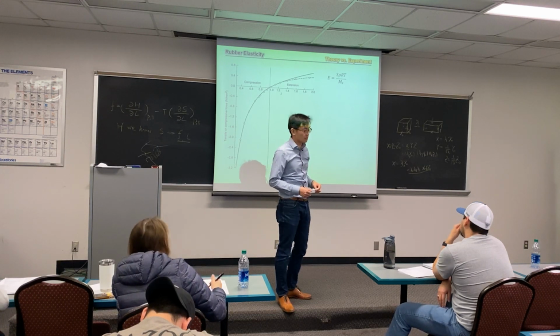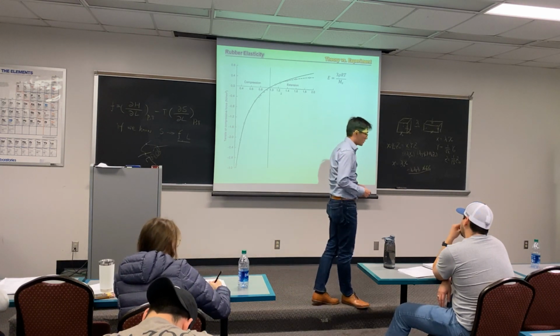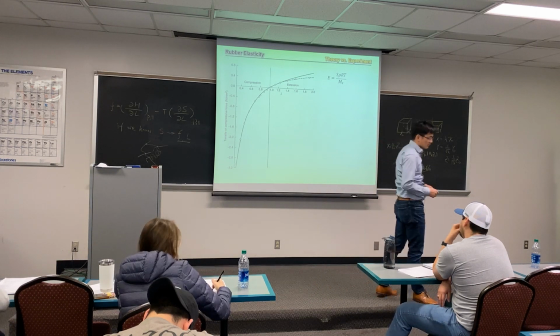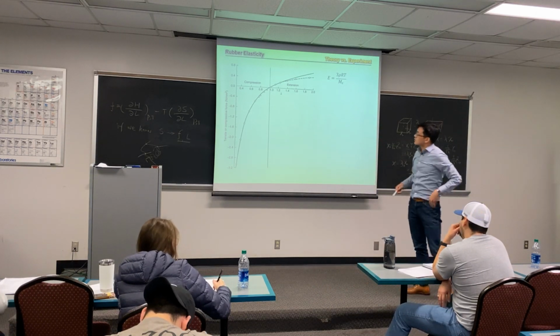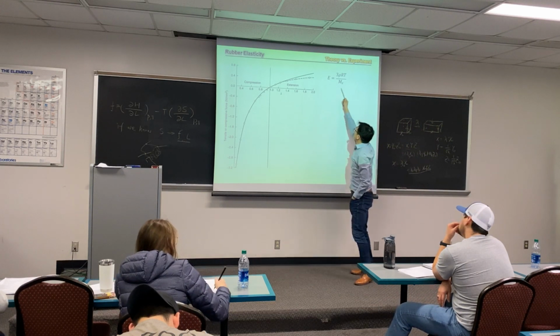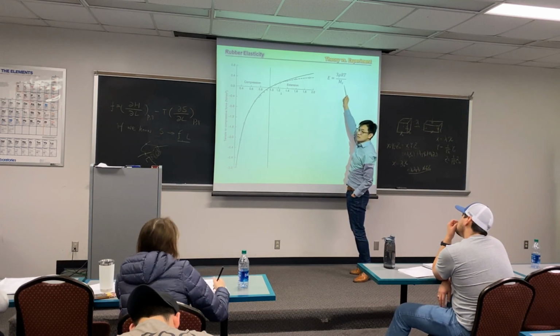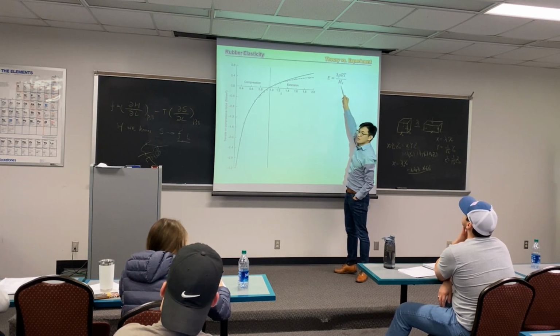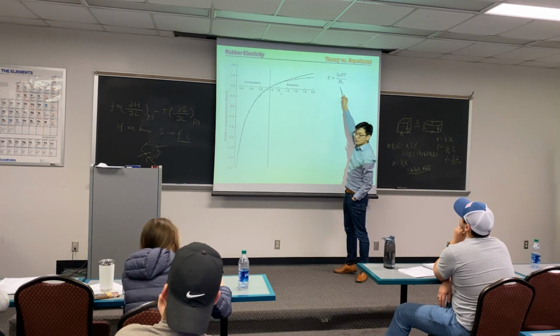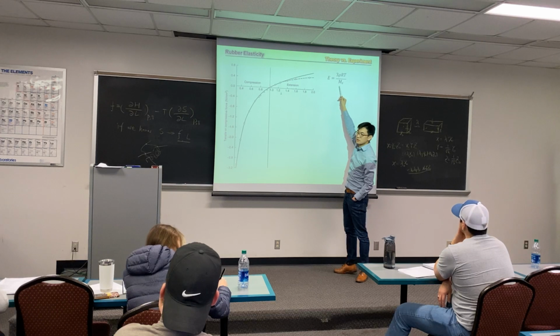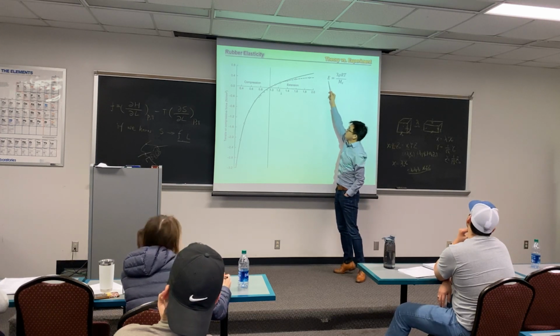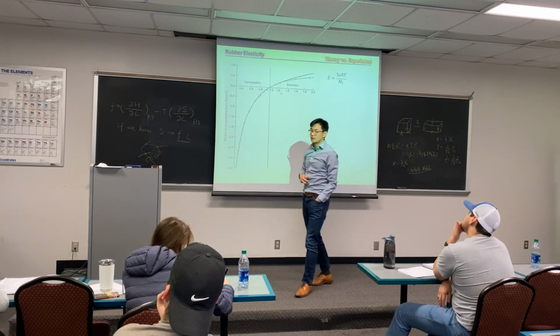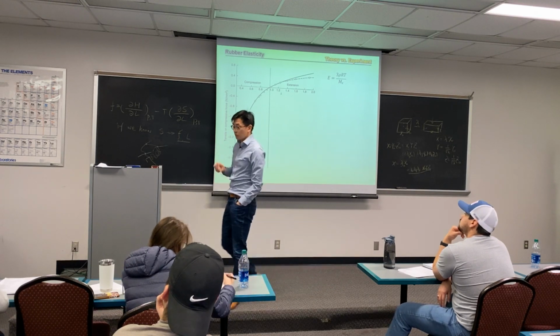You can basically predict your rubbery material's modulus. As you can see, it's inversely proportional to Mx. So if we know the cross-link density or molecular weight between the cross-link points, we can predict the modulus. And it worked really well.